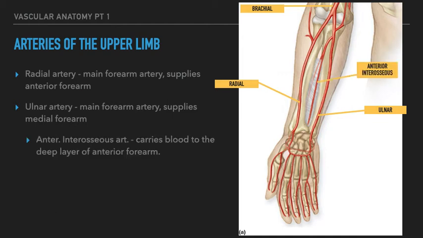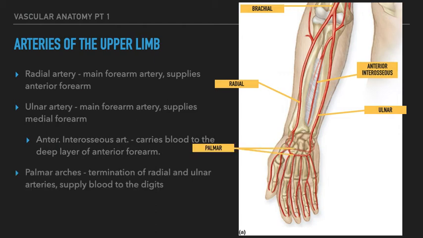The anterior interosseous artery, shown here in the midline, delivers blood from the ulnar artery to the deep layer of the anterior compartment of the forearm. The ulnar and radial arteries ultimately terminate in the superficial and deep palmar arches, and they supply the digits, for the most part, with oxygenated blood.